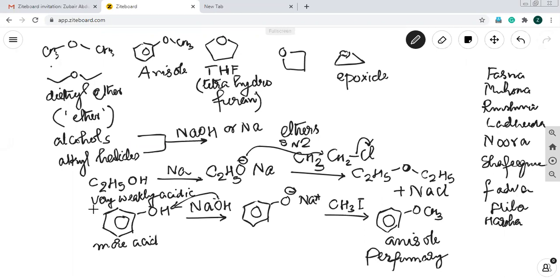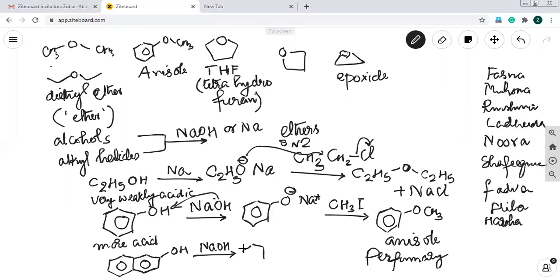Now, if you take this compound, instead of this, you start with beta-naphthol. Very common reagent. Do the same reaction with NaOH.